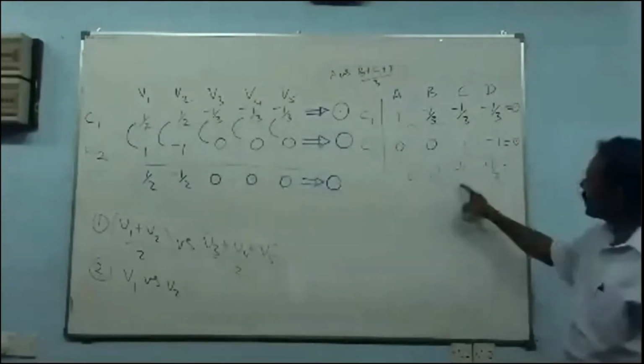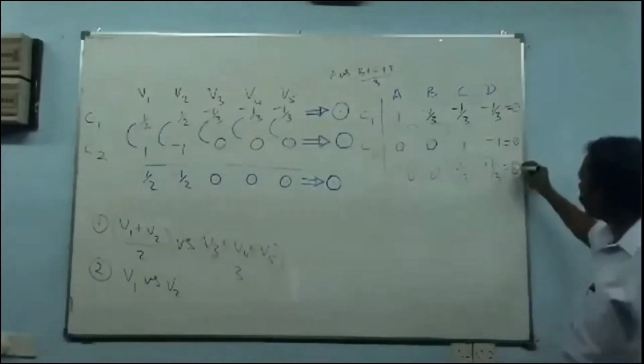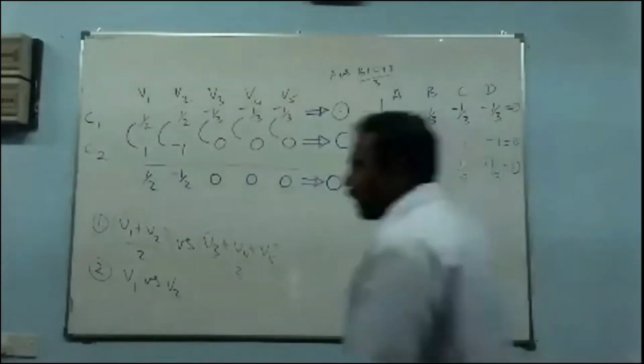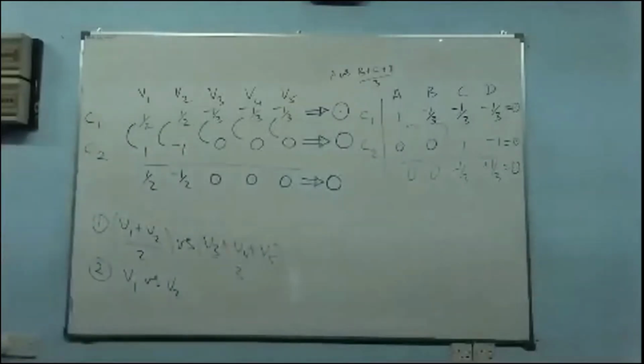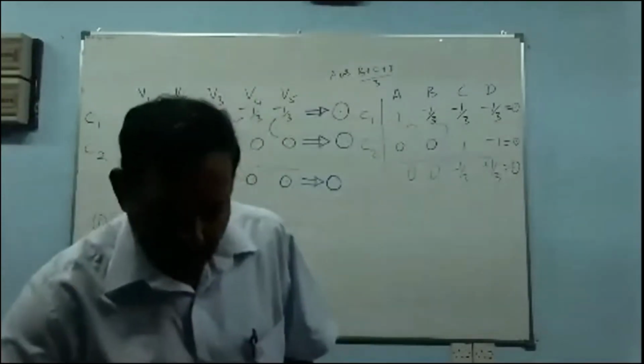So if you add these coefficients after multiplication, again it is 0. You see? So this is called orthogonal comparison.